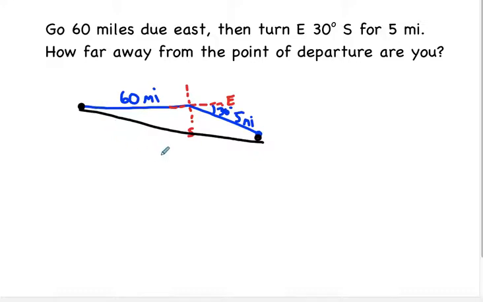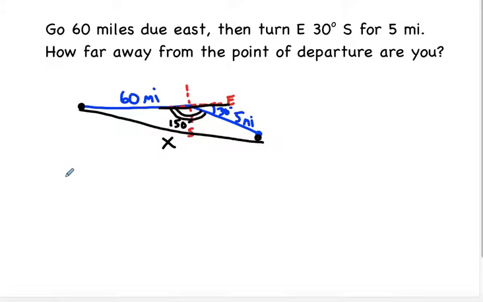All right, so we've got a triangle. I'm trying to find the side X. So I have two sides, and I can figure out what this angle in between the two sides is. This is 30. These form a linear pair. They form a straight line, so they add up to 180. 180 minus 30 is 150 degrees.